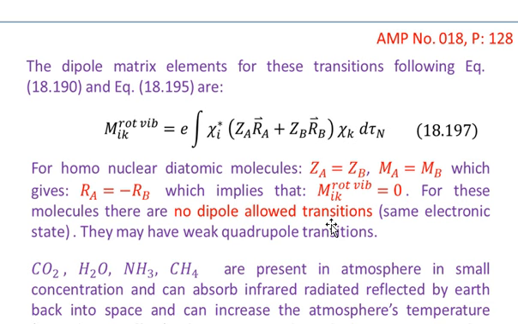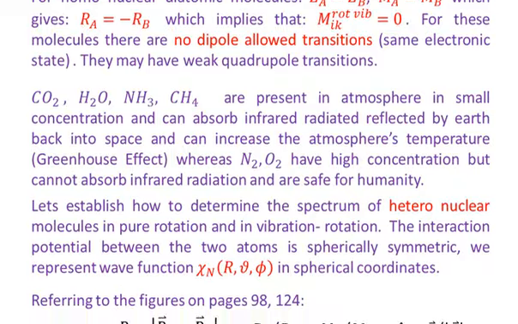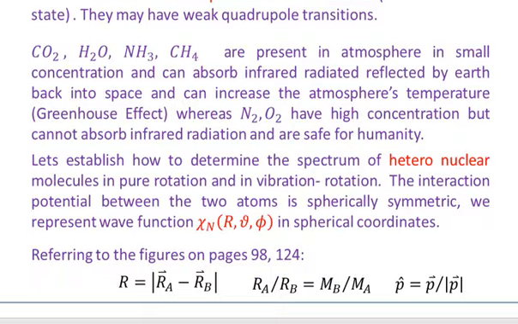So for the same electronic state, for the homonuclear diatomic molecule, there are no rotational transitions, no vibrational transitions. However, weak quadrupole transitions may occur. That was the case of the homonuclear diatomic molecule.